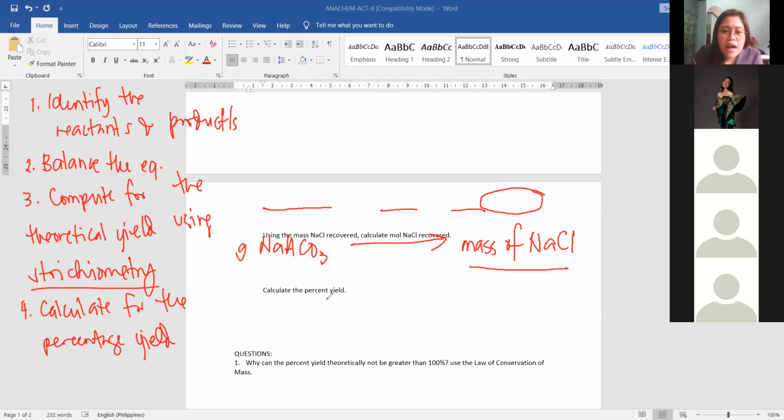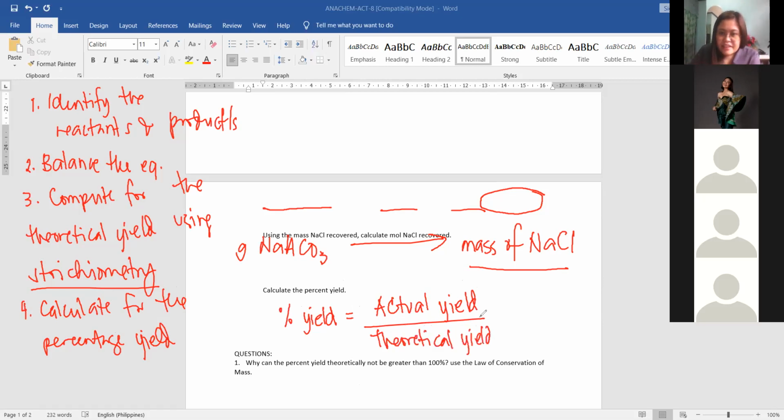So what is the equation for the percentage yield? Percentage yield, class, is equal to the actual yield divided by the theoretical yield times 100. That's how you get the percentage yield.